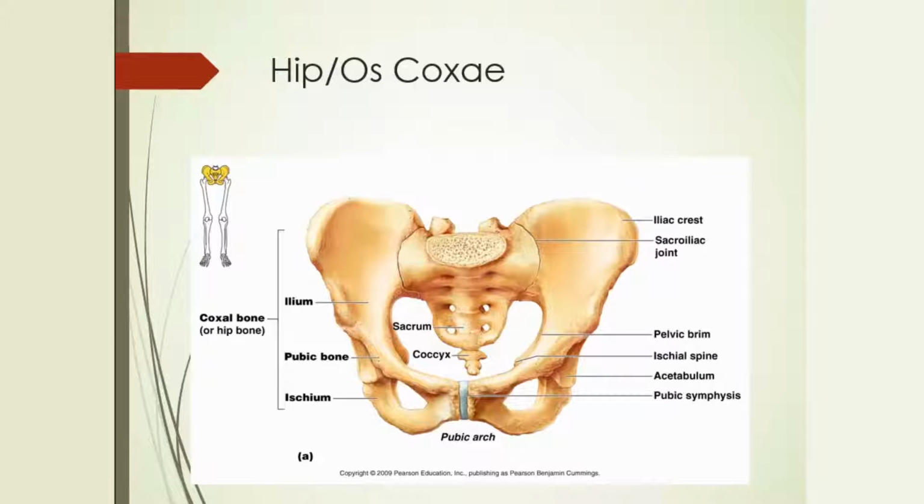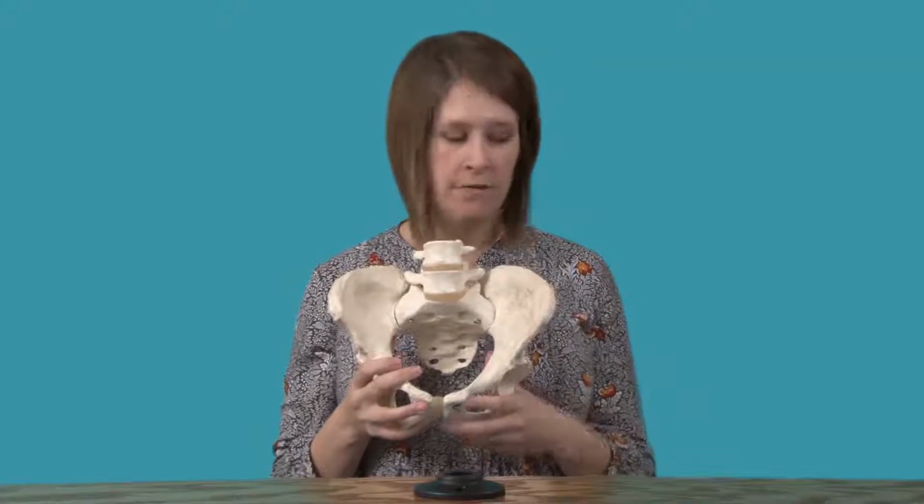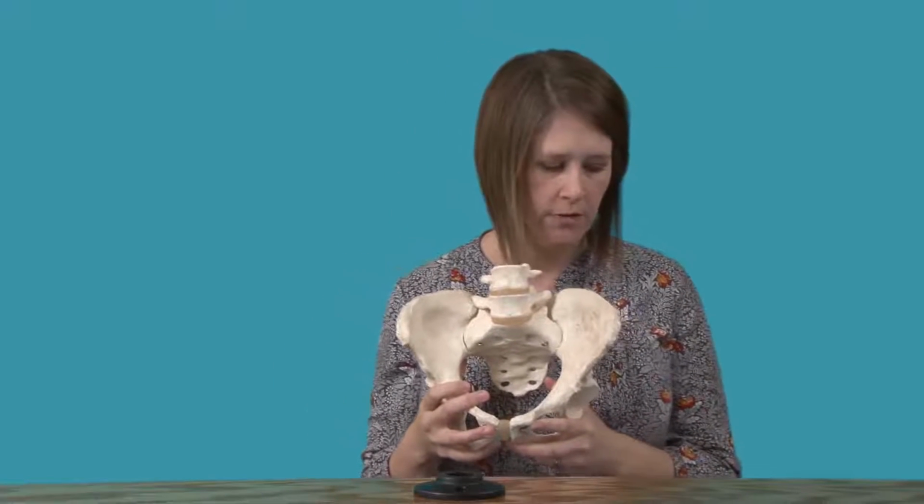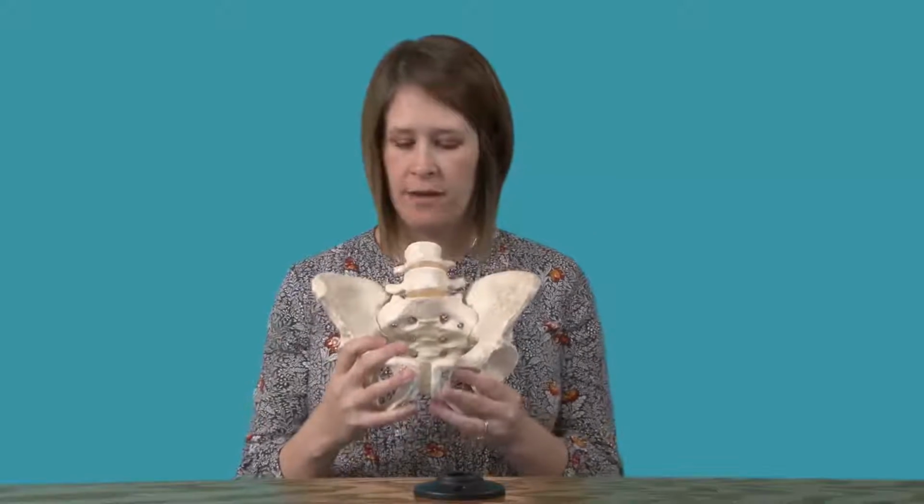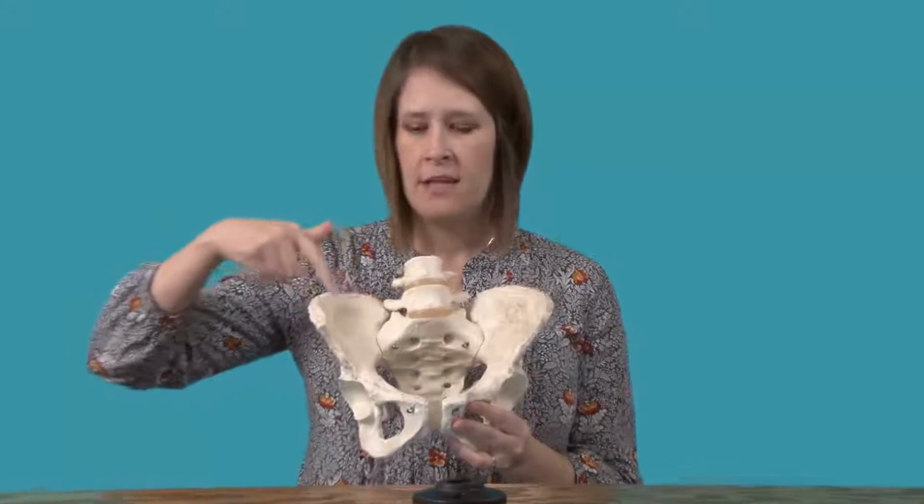All right, the hip, or another term for this, the os coxa, is another bone that we're going to continue to discuss throughout the semester. You're going to see this bone change throughout evolution, again, in the big change between a quadruped species and a biped species. So there's just a few features of this bone that I want you to be familiar with that we're going to keep talking about throughout the semester. The first being the iliac crest.